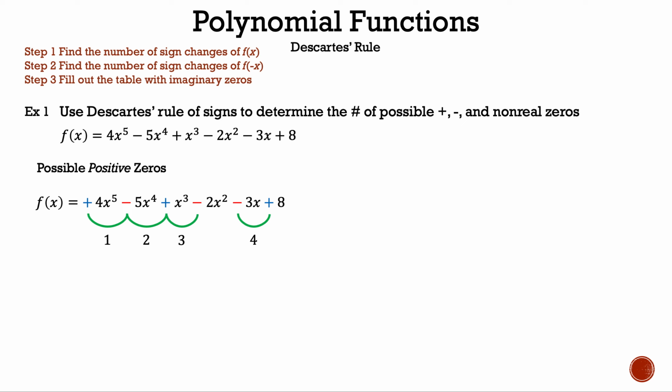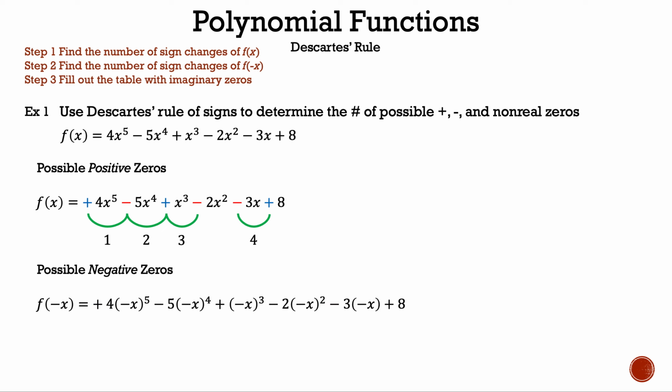Second, let's determine the number of possible negative zeros. In this case, we have substituted negative x for each x. After simplifying, we have changed a few signs. There's a pattern. What do we think it is? That's correct. Each term that has an odd exponent changed signs, and each term that has an even exponent remained the same.